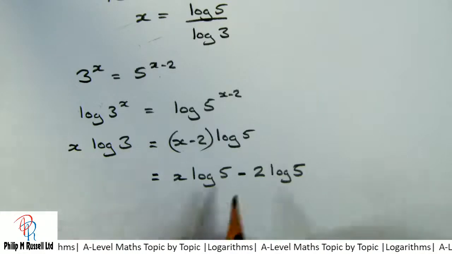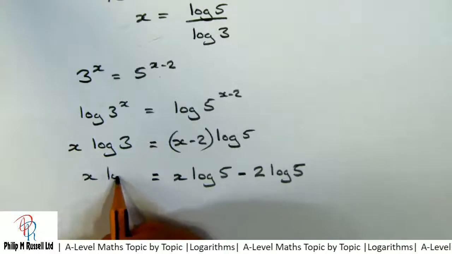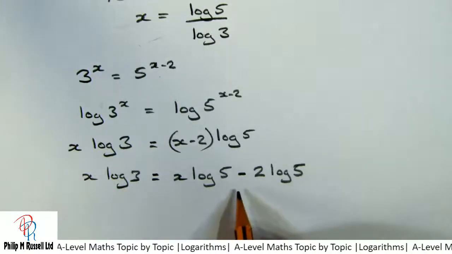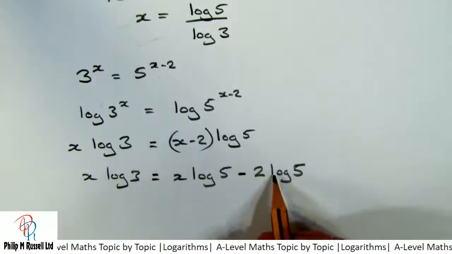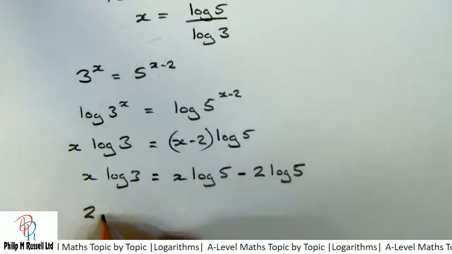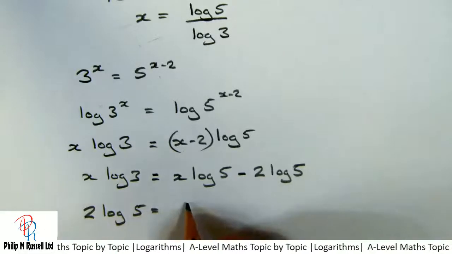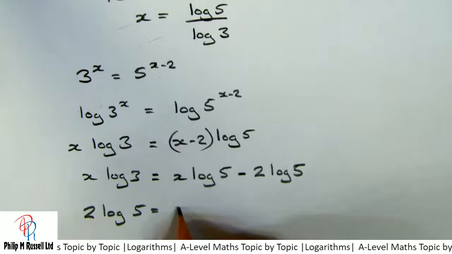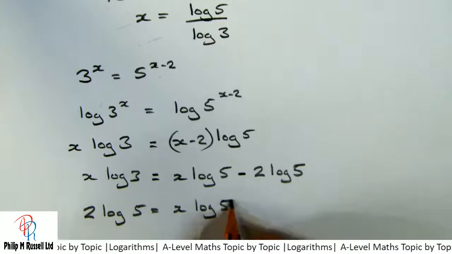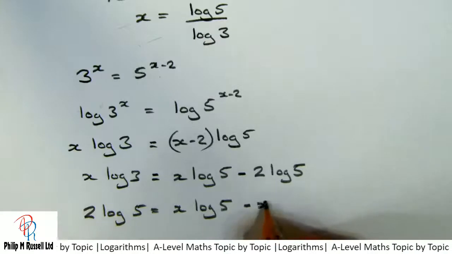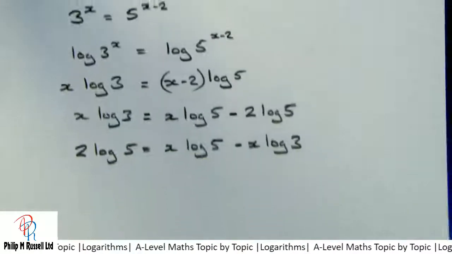Now let's get this sorted out, and I'm going to put the x's on one side and the other number on the other side. So if I take the x over that side, bring this over here, I've got 2 log 5 is going to be equal to x log 5 minus x log 3.